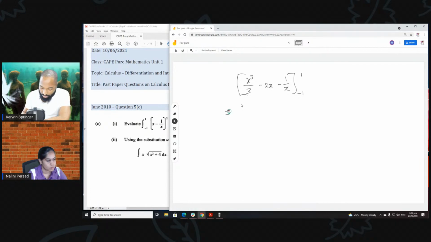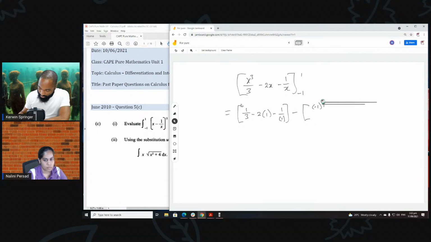So when you substitute, you'll have the 1 being substituted in here. My aim in life is to go through this really slowly and try to explain everything as much as possible. Negative 1 to be cubed, this was 1 to be cubed too, which will still be 1, right?